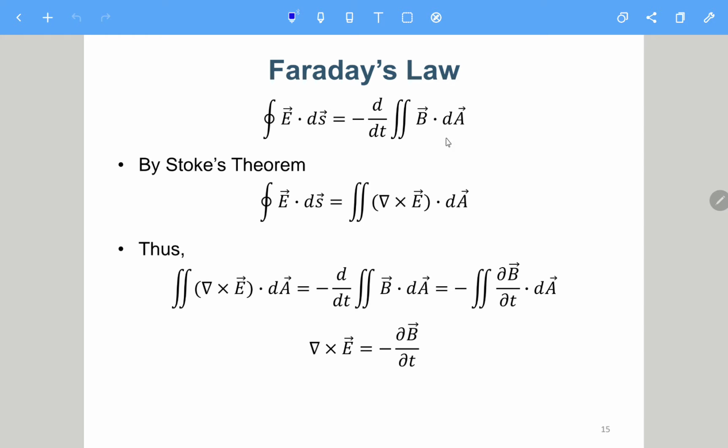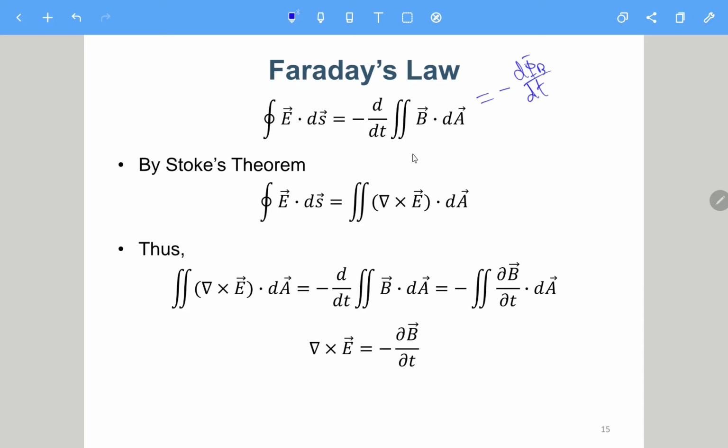On the right side, originally it is written as negative d phi B dt. Originally we would write it like this. And here we also try to express this phi B, which is the magnetic flux, as this double integral.